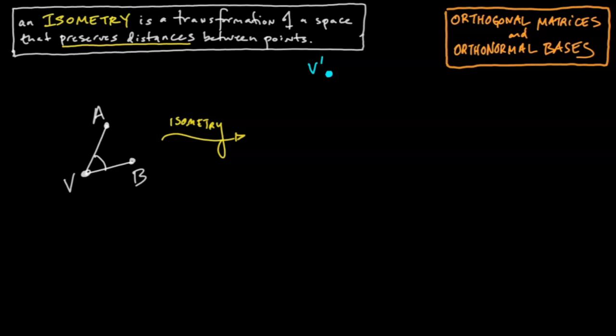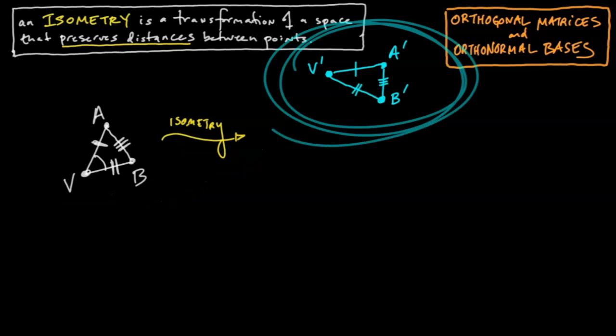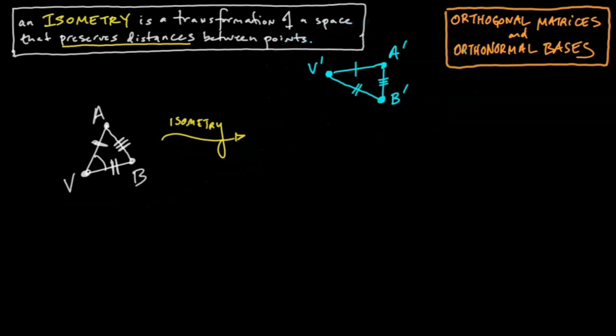I know that some specific distance separates A and V, and some other specific distance separates V and B. And in fact, let me go ahead and draw the line from A to B, because some particular distance separates those points. Well, wherever A and B get mapped, all those distances have to be preserved. So we might end up with a picture something like this, or it could look slightly different, but all those three distances must be preserved.